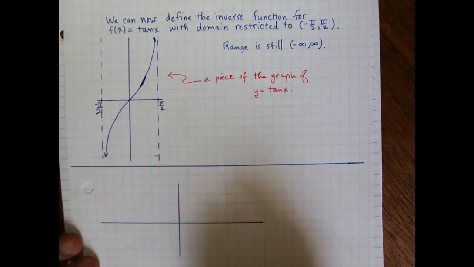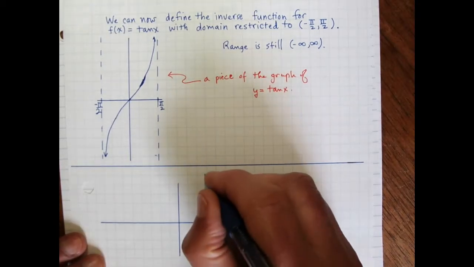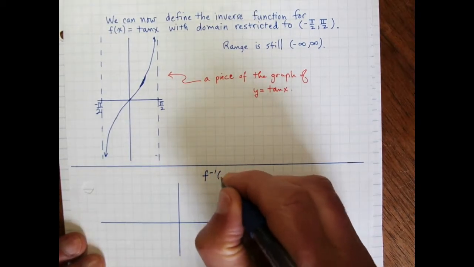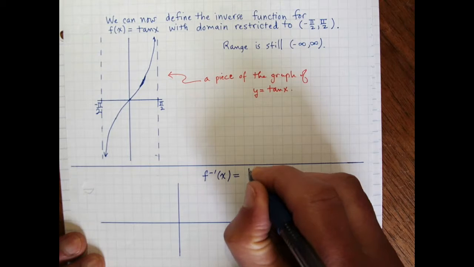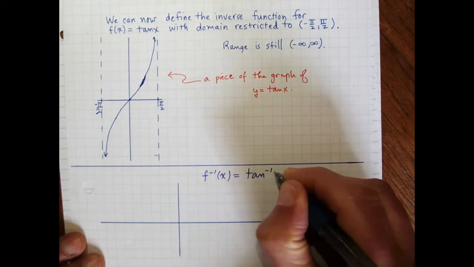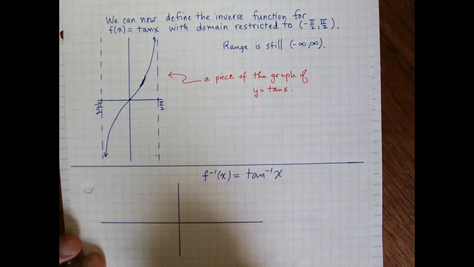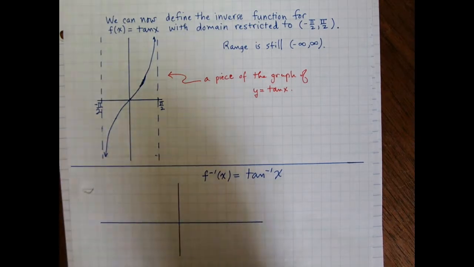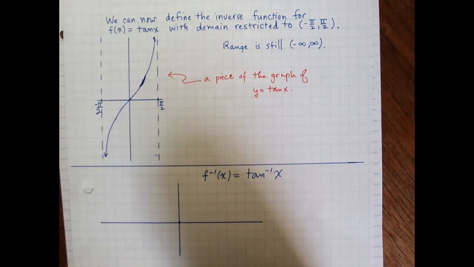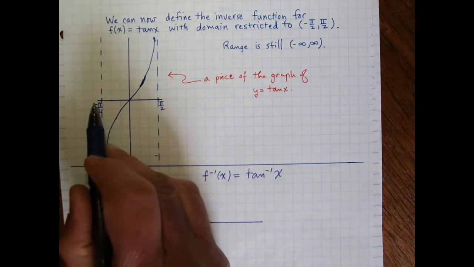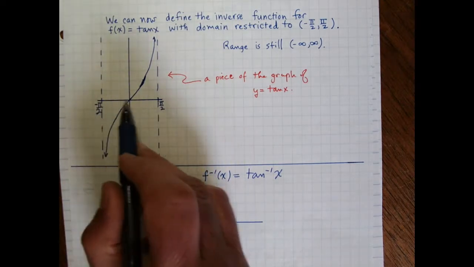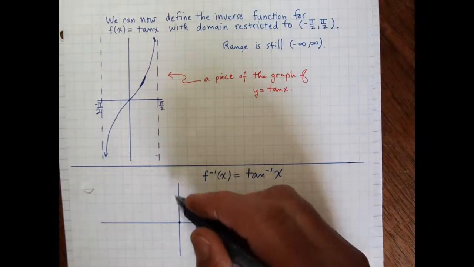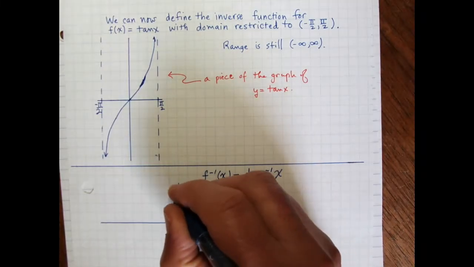And so this will be our graph of f inverse of x, which is tan inverse of x. And so a couple interesting things. We got 0, 0. The values on the horizontal axis become values on the vertical axis.